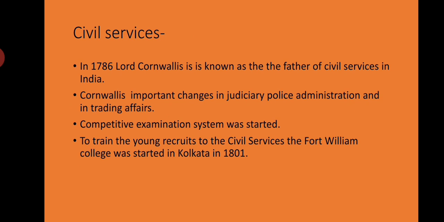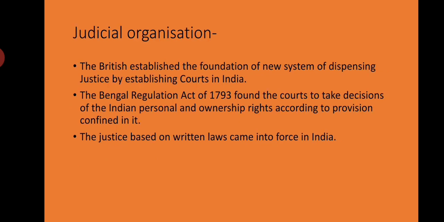Civil services: in 1786, Lord Cornwallis, known as the father of civil services in India, made important changes in judiciary, police, administration and trading affairs. The competitive examination system was started, and to train the young recruits to the civil services, Fort William College was started in Kolkata in 1801.